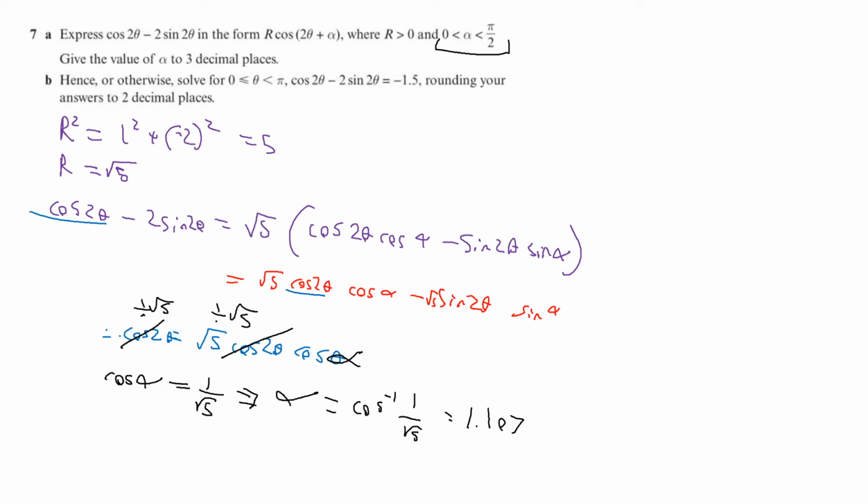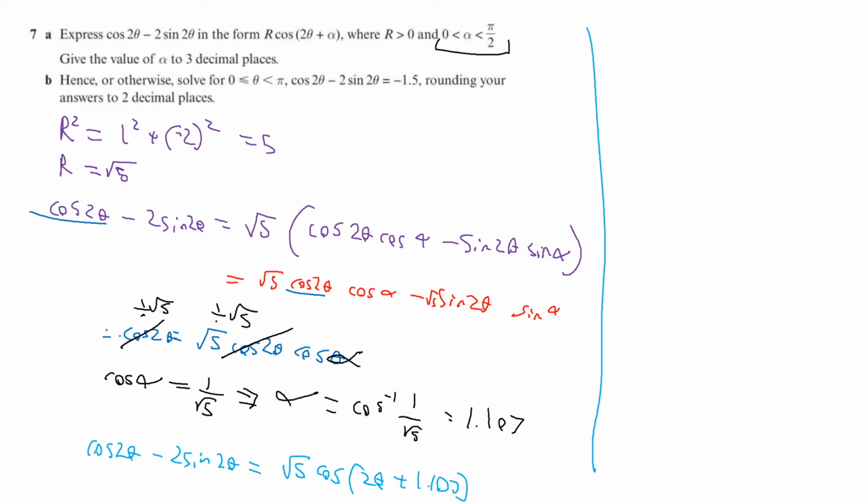Now we need to put it back. So cos 2 theta minus 2 sine 2 theta is the same as root 5 cos 2 theta plus 1.107. Now we need to solve this is equal to negative 1.5.